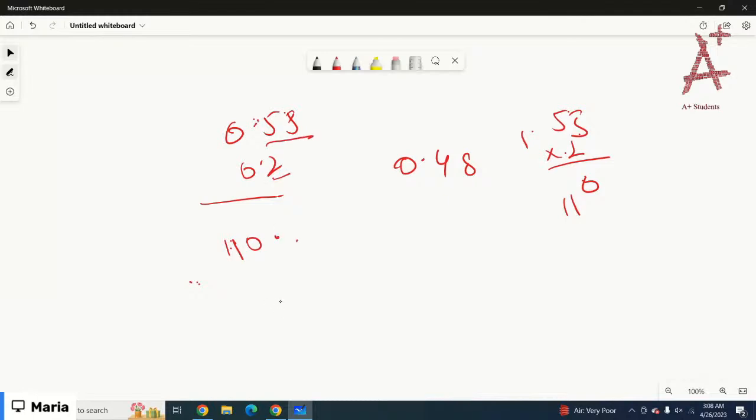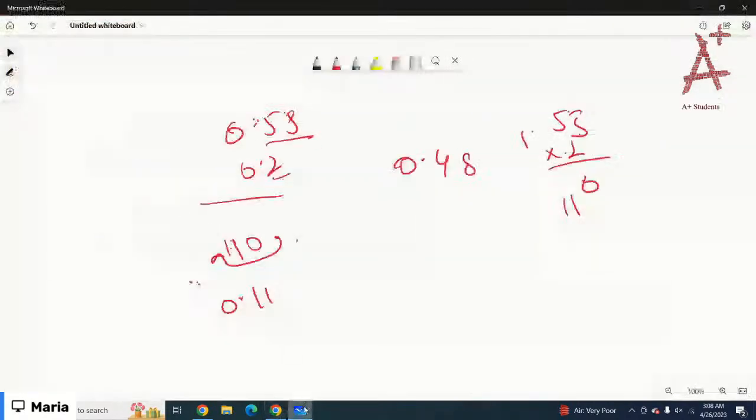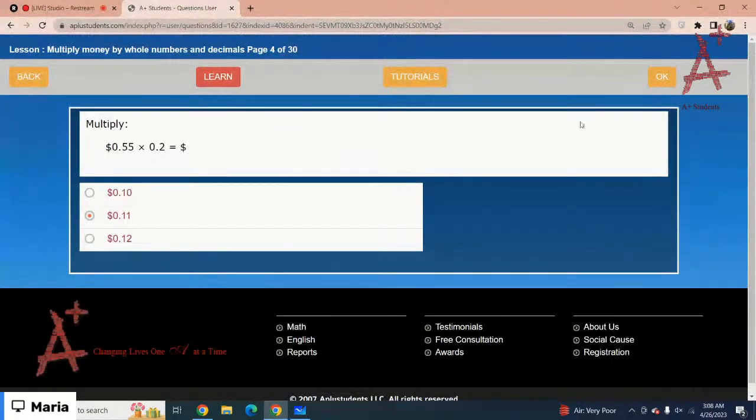So you have to move decimal point 3 places left. It would be 0.11 is the correct option. So in the answer I moved the decimal point 3 places left.